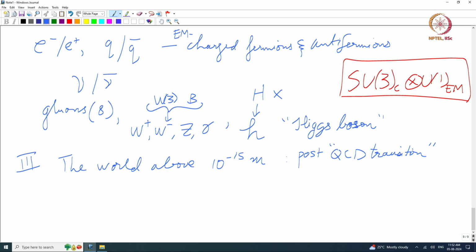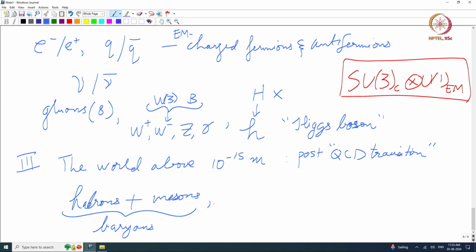It is a very technical and poorly understood term. They confine to give hadrons, baryons, mesons and so on. So now the degrees of freedom are hadrons and mesons, collectively called baryons.